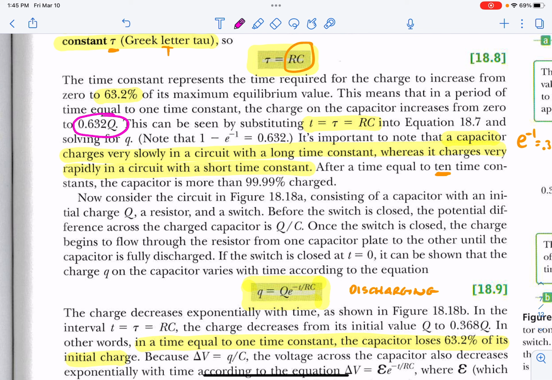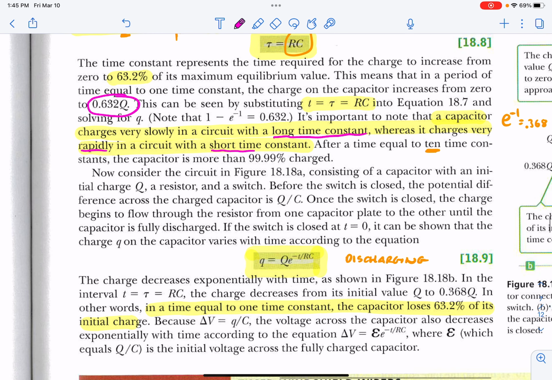So a capacitor charges very slowly in a circuit that has a big value of tau, and it charges very rapidly when you have a very small value of tau. And typically speaking, after a time equal to 10 taus, 10 time constants, it's basically fully charged.